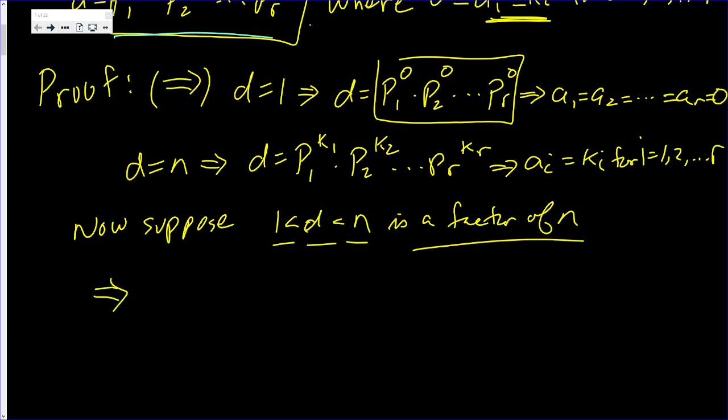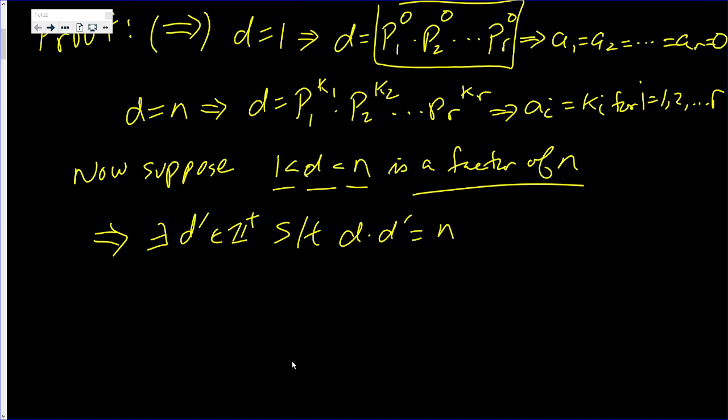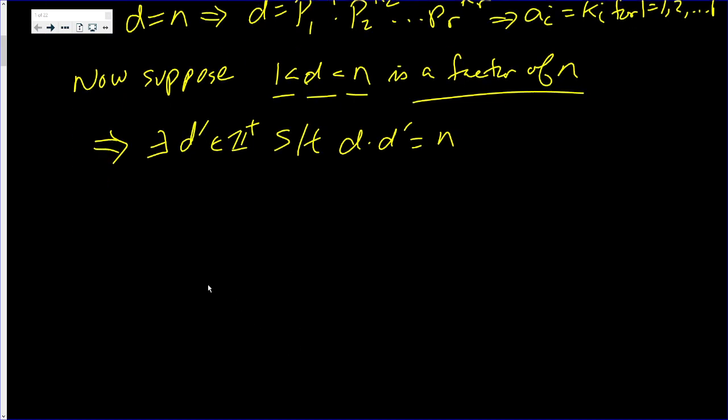Well, that implies there exists a d prime in the positive integers such that d times d prime is equal to n. Okay, now d and d prime, whether their product equals n or not, they have their own prime factorization.